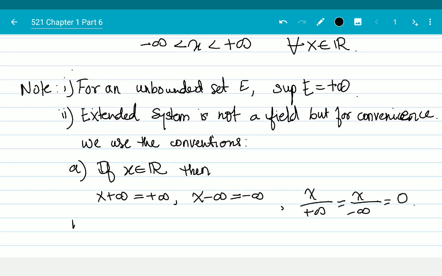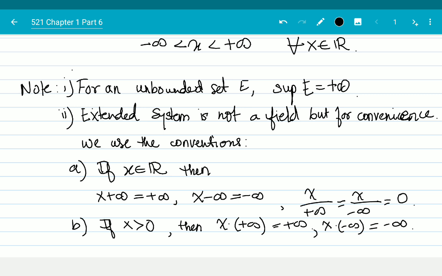Okay. B, if x is greater than 0, then x multiplied by plus infinity is equal to plus infinity, and x multiplied by negative infinity is equal to negative infinity.